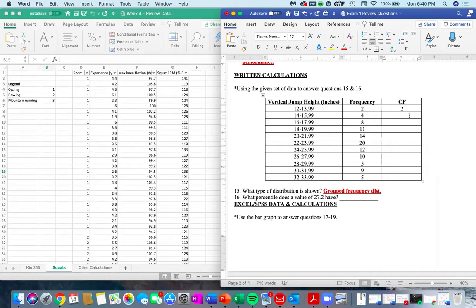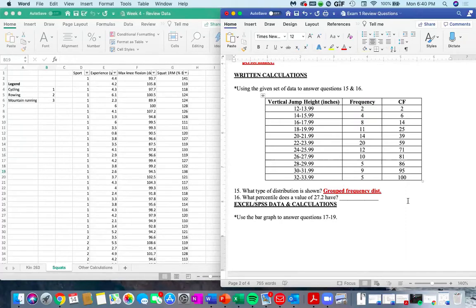So 2 plus 4 is 6, plus 8, 14, plus 11, 25, plus 14 is 39, plus 20, 59, plus 12, 71, plus 10 would be 81, plus 5 would be 86, plus 9 would give us 95, plus 5 would be 100. So what's our sample size?